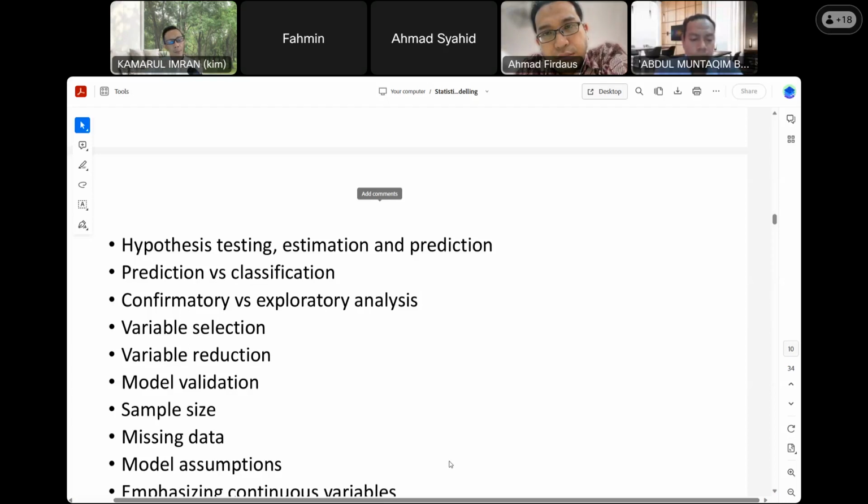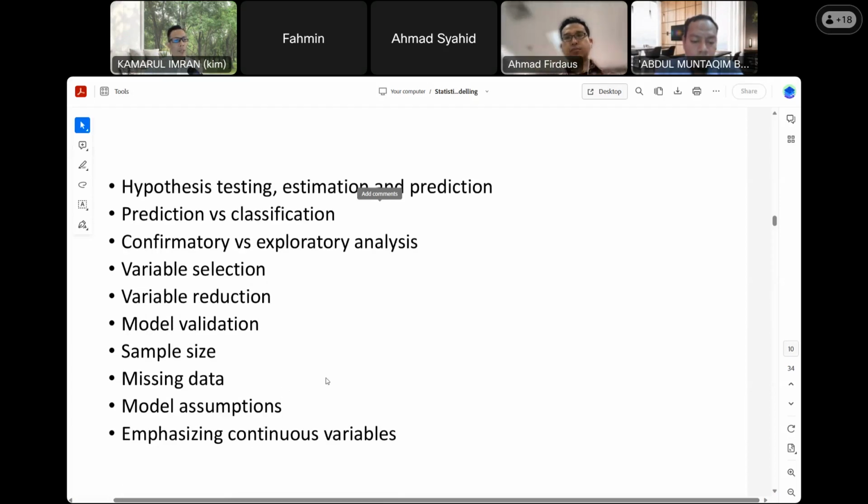You don't have to do variable screening, no need, because it is confirmatory. There are also things you need to consider, including variable selection, variable reduction, model validation, sample size, missing data, model assumptions, and how you deal with continuous independent variables.